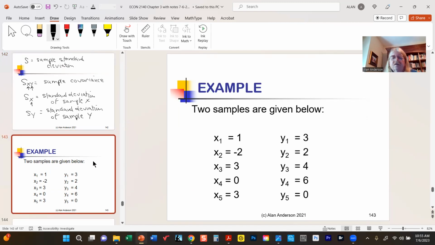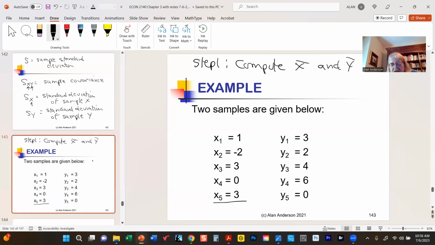And so normally the very first thing you would do is calculate the means of the two samples. In other words, step one, compute X bar and Y bar. Now you can see just by looking at these, the sum here is 5. And over here, the sum is 15.